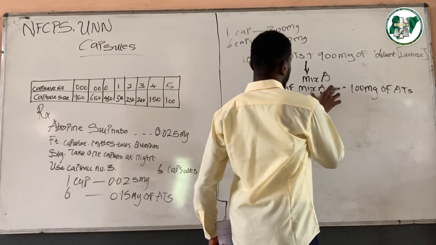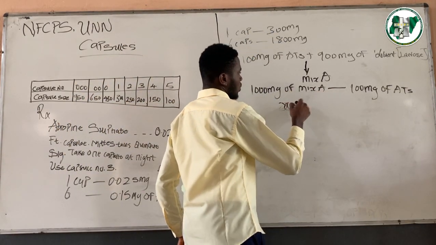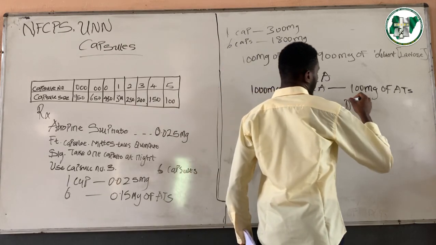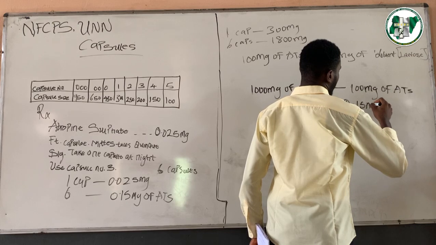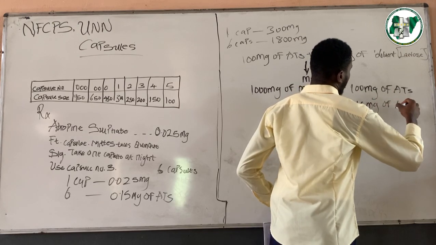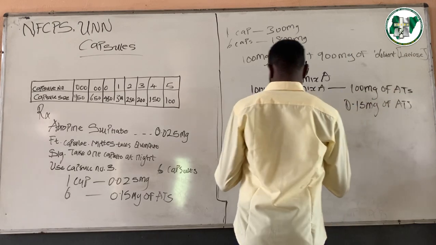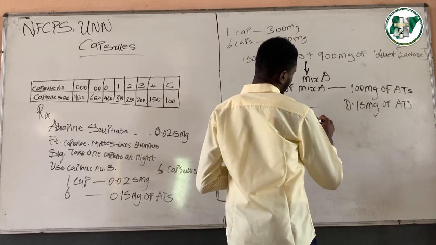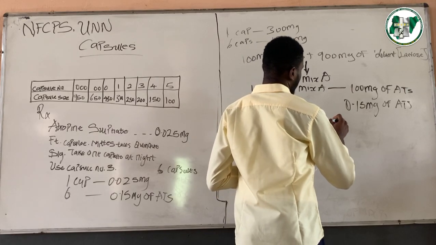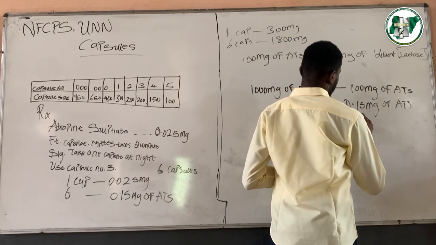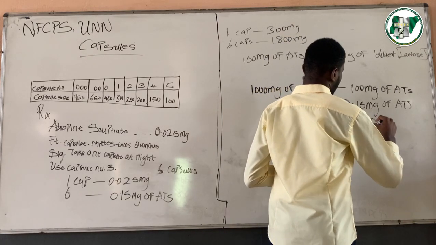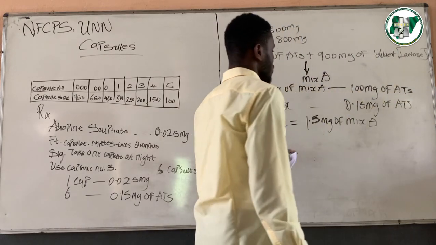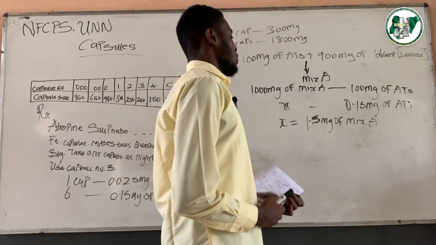So how many milligram of this mixture would give us 0.15 milligram of our hydrogen sulfate? When we cross multiply that, we get 1.5 milligram of mixture A. Now, 1.5 milligram of mixture A is practically unweighable.